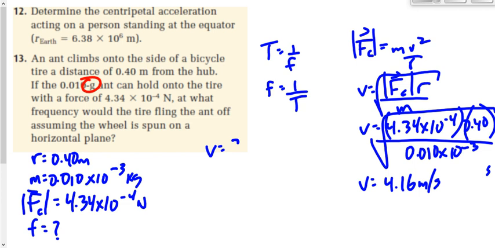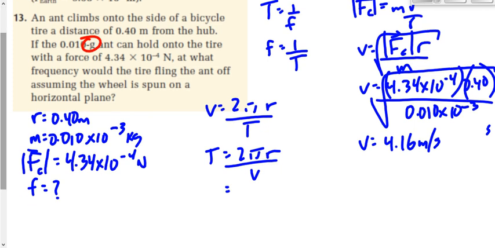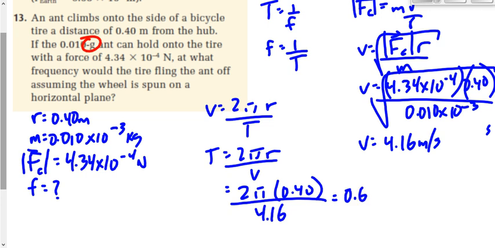Good. Let's say 2 pi r divided by t. That'll allow me to find the period, right? 2 pi r divided by v. So we've got 2 times pi times 0.40 divided by the speed of 4.16. Bree, do you have what that equals? 0.604 seconds.